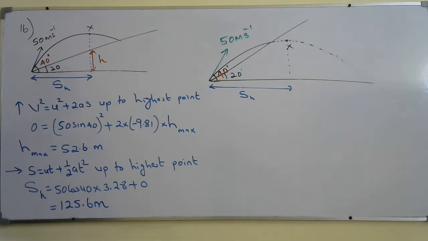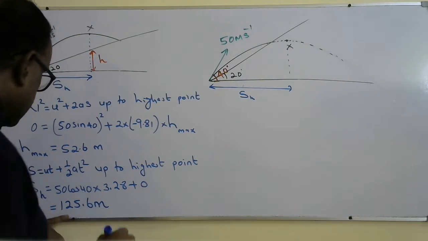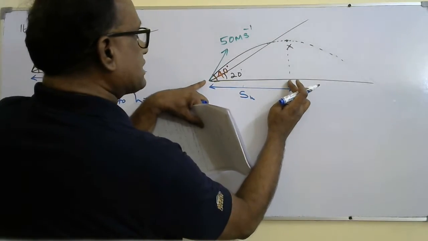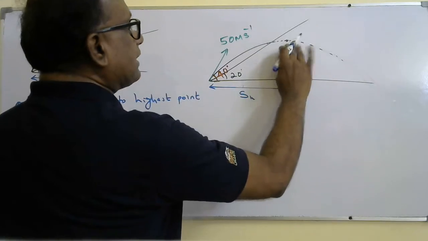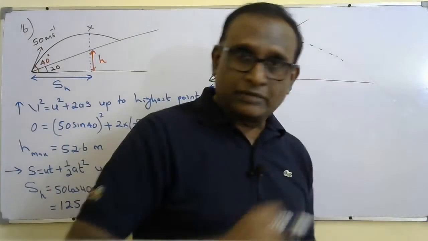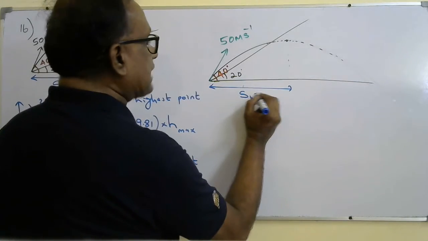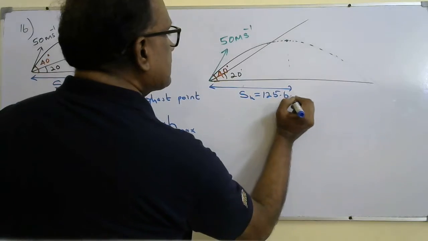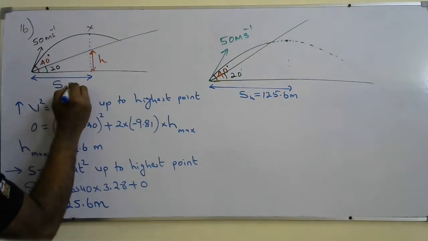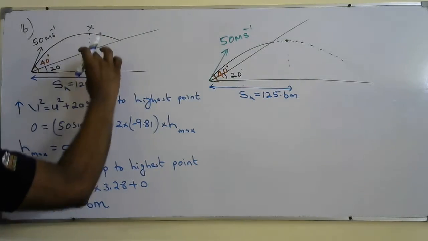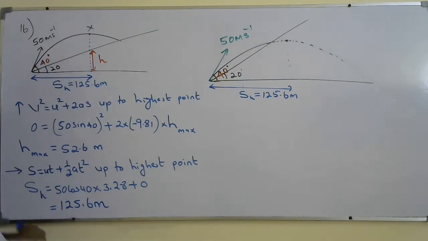Okay, now we know this is 125.6 meters. We will find along the slope, now we'll forget about the projectile motion, along the slope, when this is 125.6 meters, what could be the h along the slope of the hill?